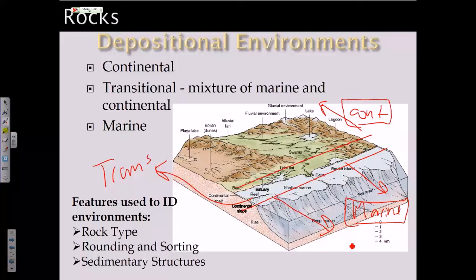Okay, so ultimately we're kind of interested in the depth from a historical standpoint and going back in Earth's history in the depositional environment of these rocks. And there are ways to look at rock type, for instance, and know that they're going to be marine, or another kind of rock might be continental, and yet a third might be transitional.